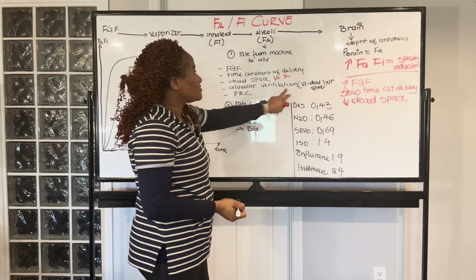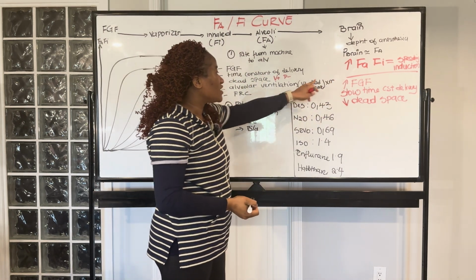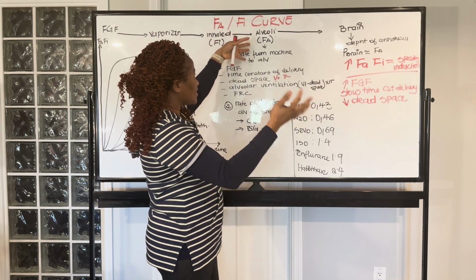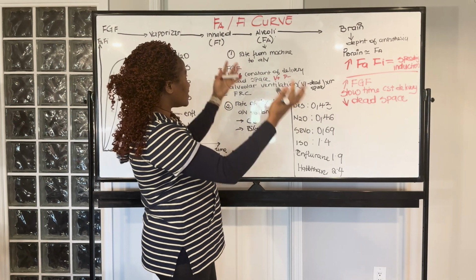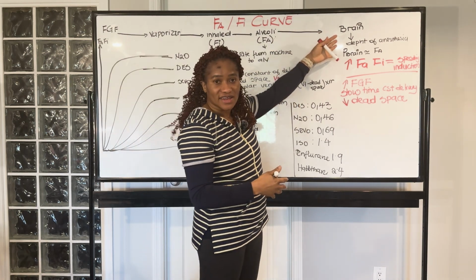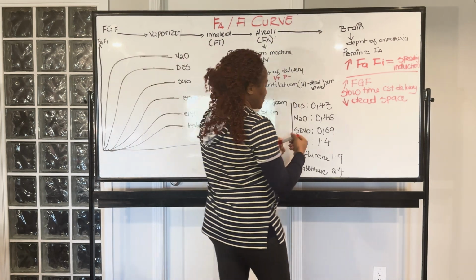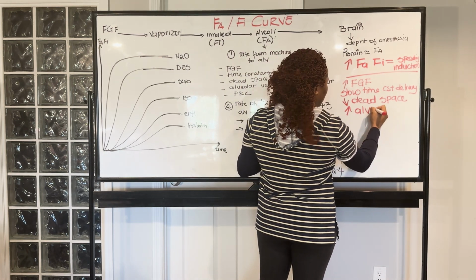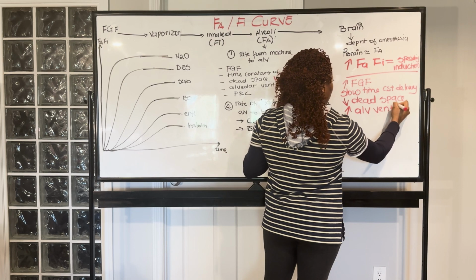So if I increase my alveolar ventilation, I'm ultimately decreasing my dead space. More gas gets into the alveoli, increasing that partial pressure, ultimately getting into the brain. So I need to increase my alveolar ventilation.